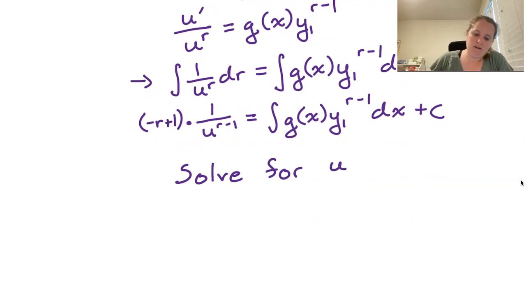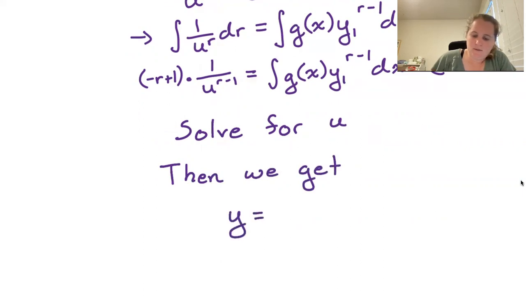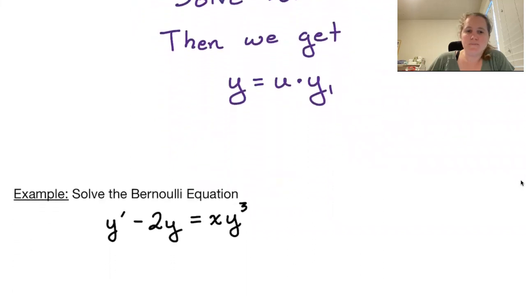And then we get that y is equal to u times whatever your y1 was, right? So this is how we can go about solving a Bernoulli equation.